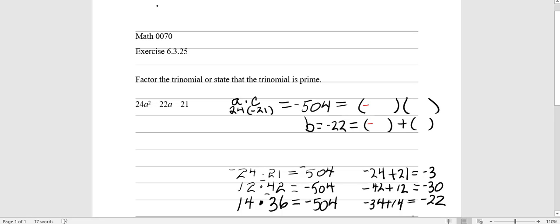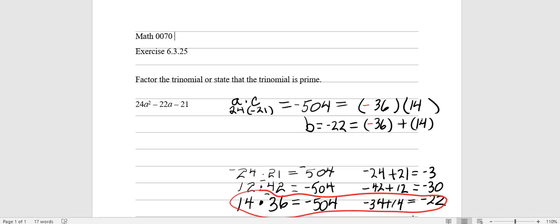So this then is the pair of factors that I'm looking for. Negative 36 times 14 gives me negative 504, and negative 36 plus 14 gives me negative 22.